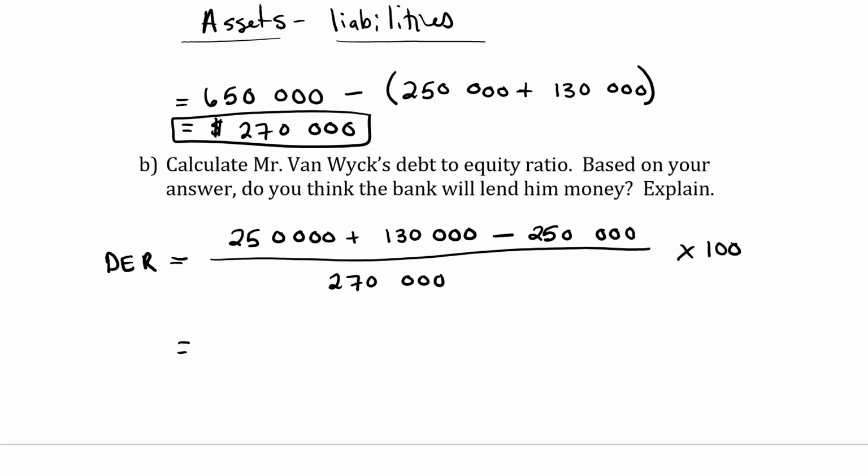So when I punch it in my calculator, I get 48.45%. So I mean, officially, it's under 50%.